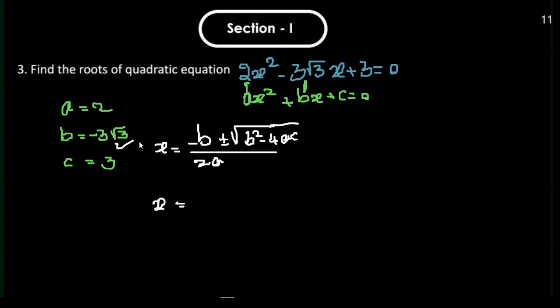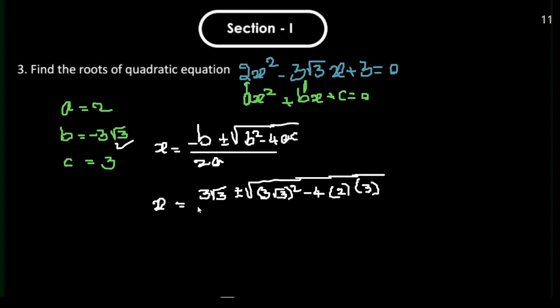So minus of minus 3 root 3 is simply 3 root 3, right? Plus or minus again b square, right? So here b square is nothing but 3 root 3 whole square, minus 4 into, what is a value here? Here it is 2, right? So 4 into 2 into c. What is c value? It is 3. Got it?